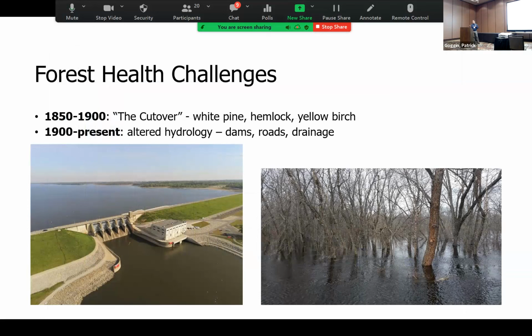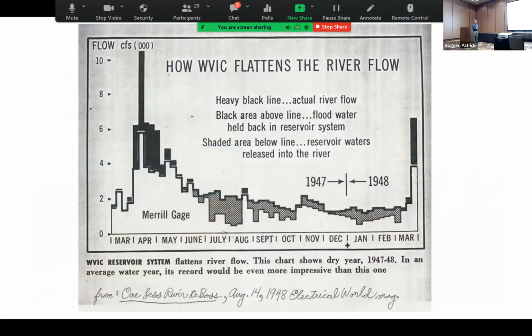And drainage, all of that impacted not only the species that could grow there, but how well they could reproduce, because we changed the cycle on how those trees reproduce within those systems. So that's still impacting these forests to a great degree today.